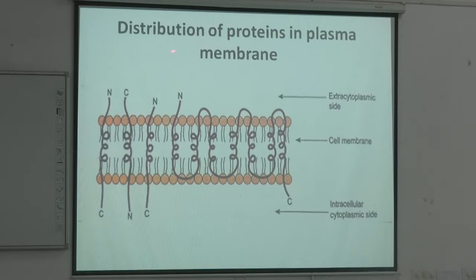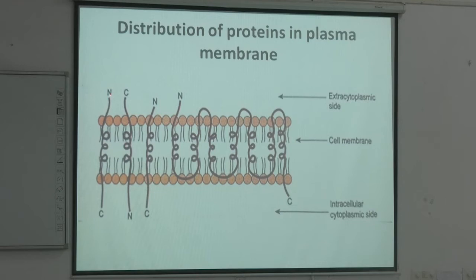Now, distribution of proteins in the plasma membrane. How will it be distributed? This is your transmembrane domain. See here, these are your straight or simple transmembrane domains.